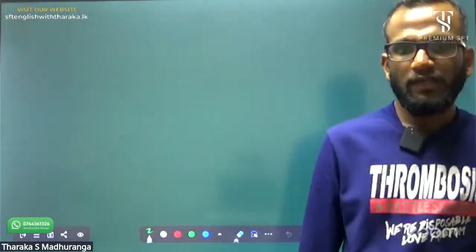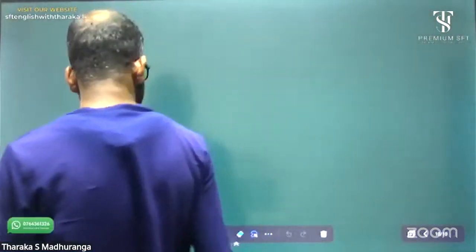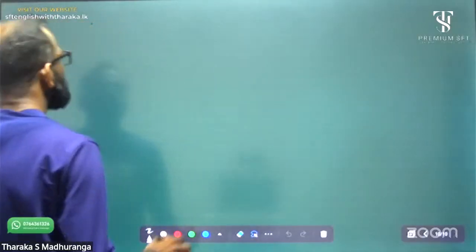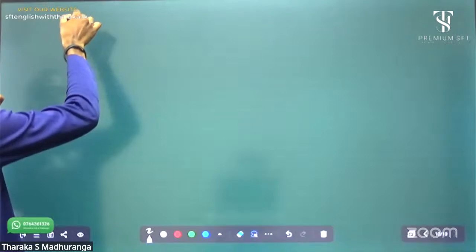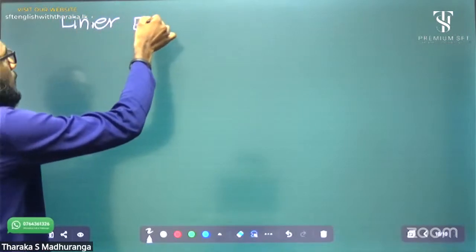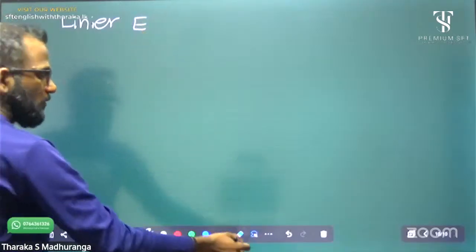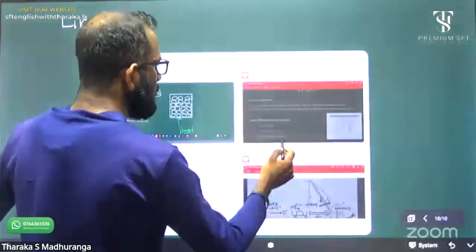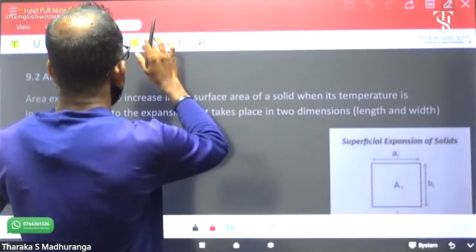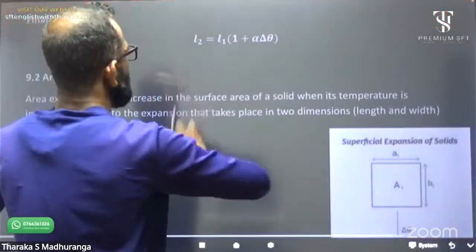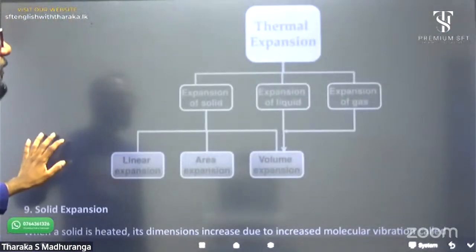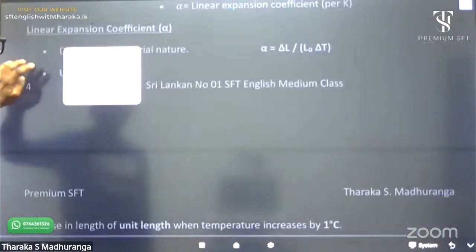The 2 equations. The linear expansion. What's the meaning of linear expansion? Very simple. Before that, please understand this chart. This is the summary of the lesson, page number 4.